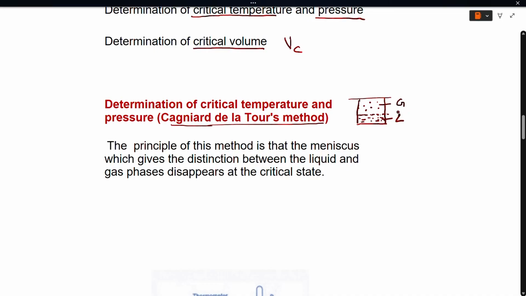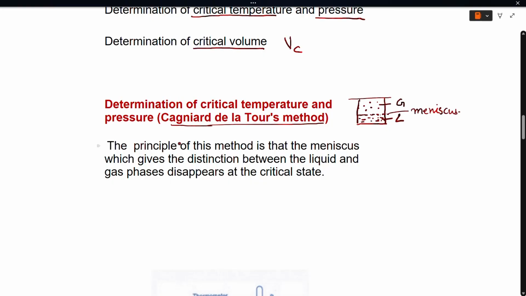That is what we call the meniscus. Or you can say there is a separation between the liquid and the gas. Because liquid has a bounding surface, gas does not have a bounding surface, and the meniscus is that separation between liquid and the gas.